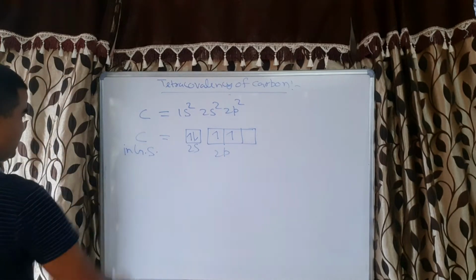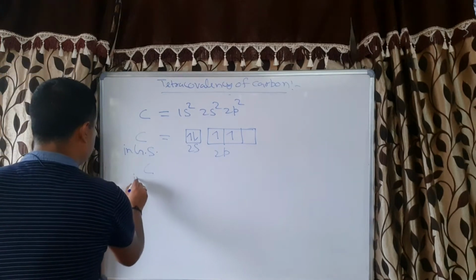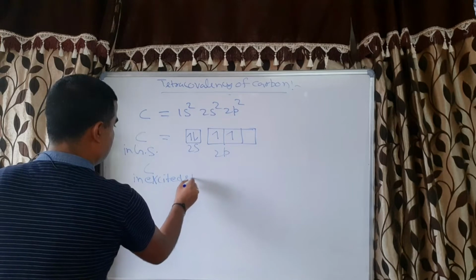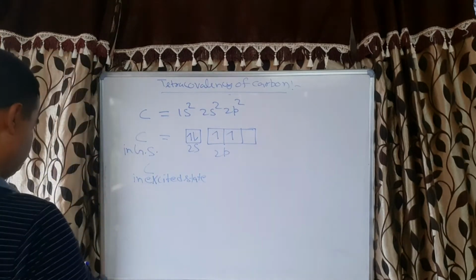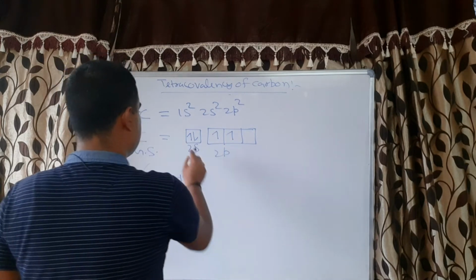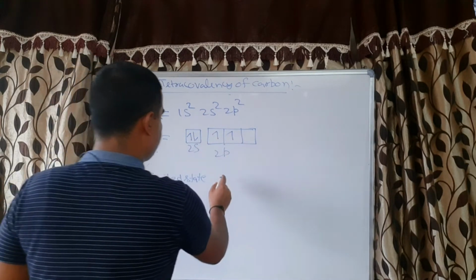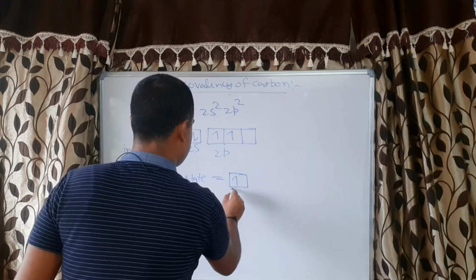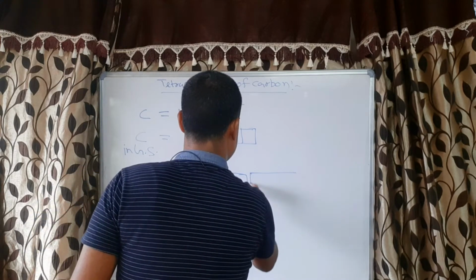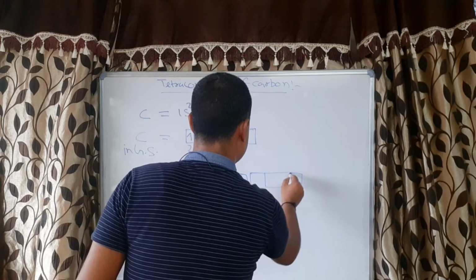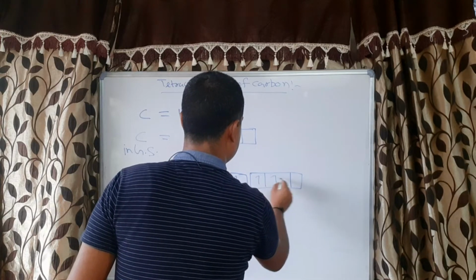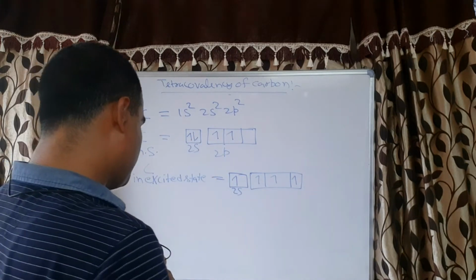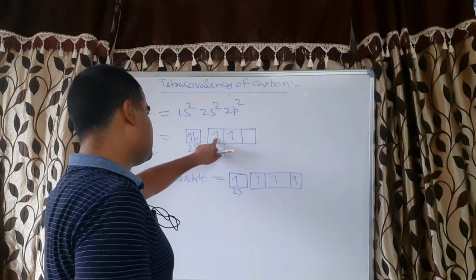GS means ground state. Now when carbon is in the excited state, what will happen? One electron will be excited to the 2p. So 2s will have only one electron and 2p will have 3 electrons, because 1 electron is excited to here.